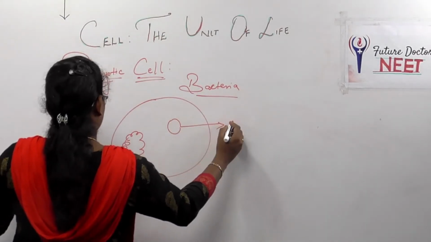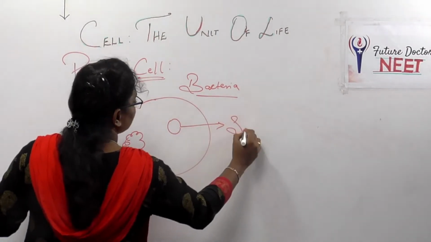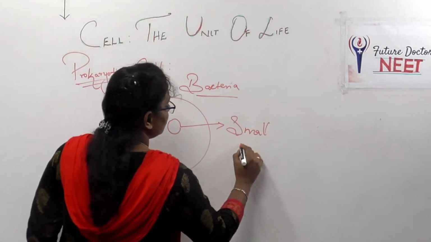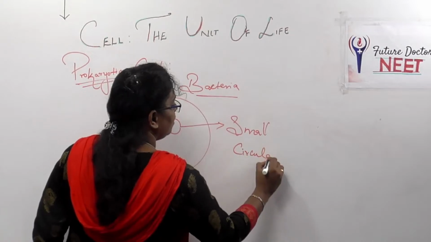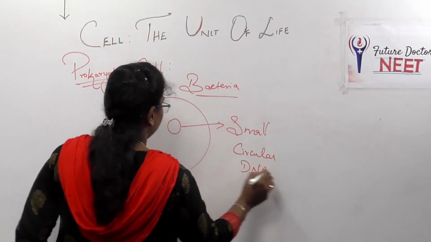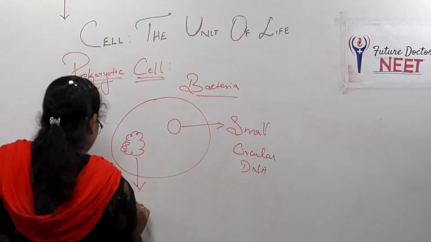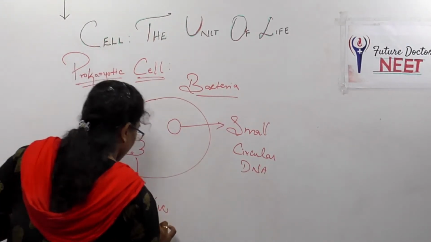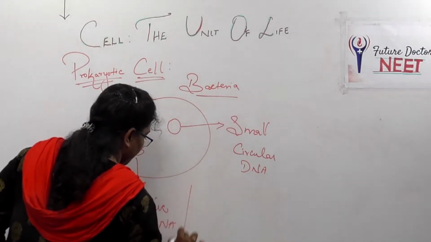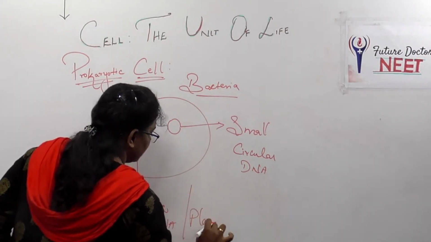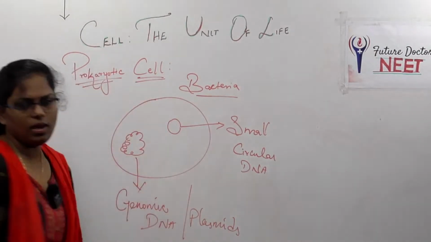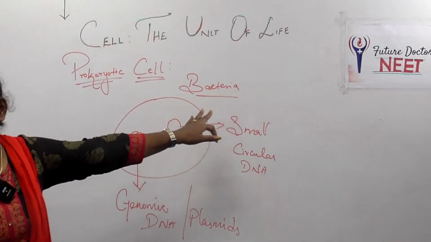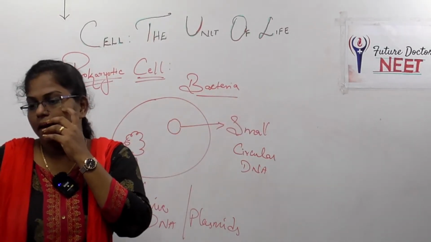This is a small circular DNA in a single prokaryotic cell, and this is the genomic DNA.